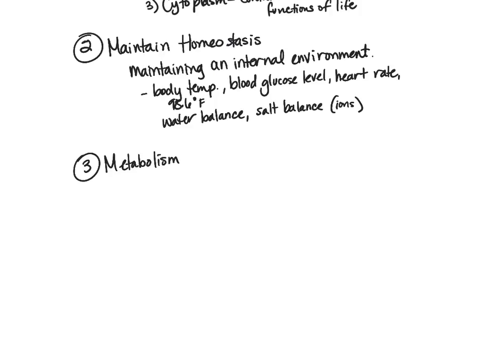So metabolism, in its most basic sense, is just the use of energy. So metabolism is our use of energy. So when we talk about metabolism, when we're talking about this using of energy, we're talking about taking in molecules that contain energy and then converting them into energy that can be used by the cells to build different molecules or maintain homeostasis or to reproduce or to grow.